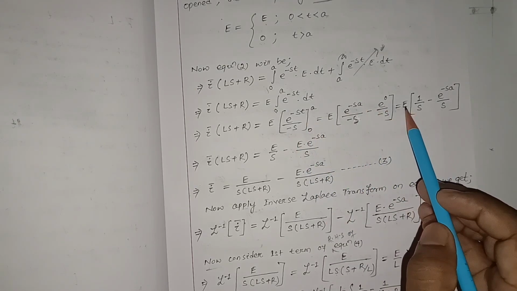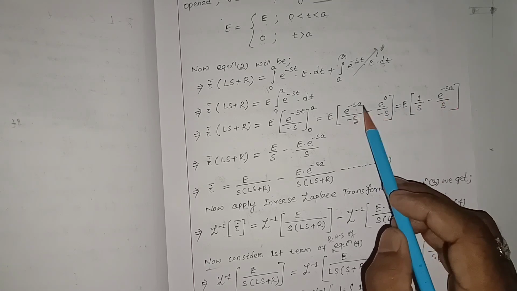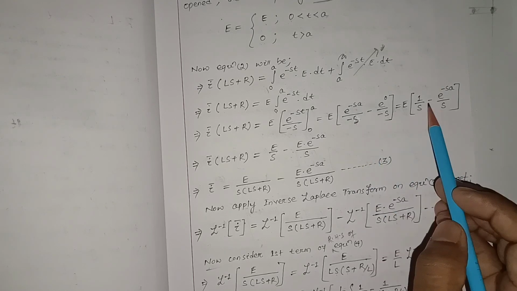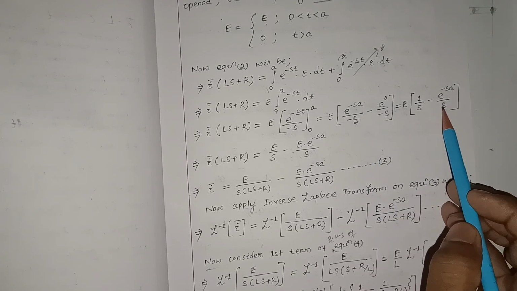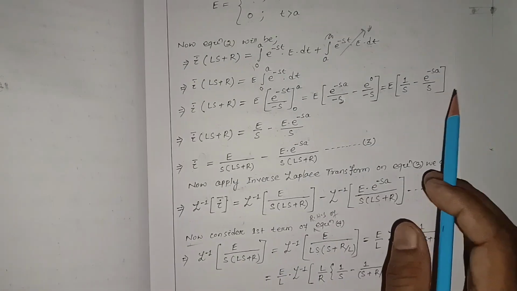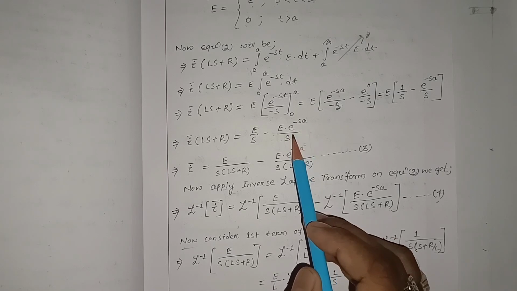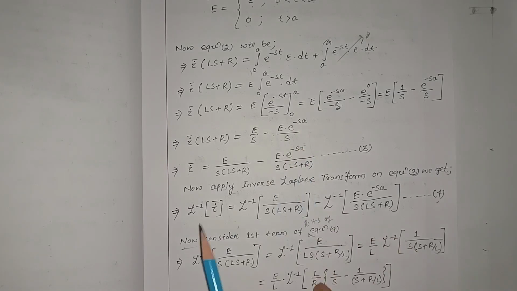So we find E into 1 by s, minus minus plus 1 by s, minus E into e to the minus sa by s.